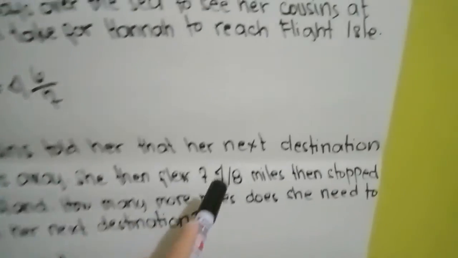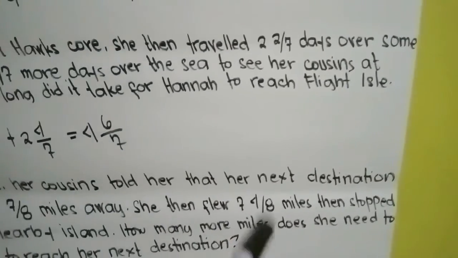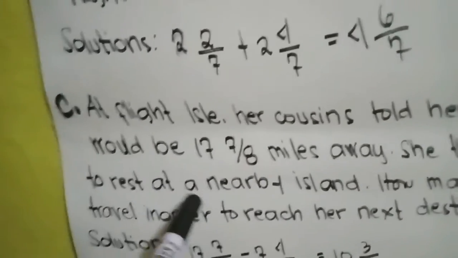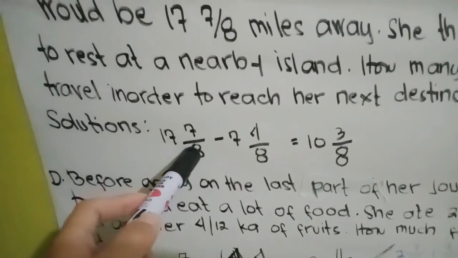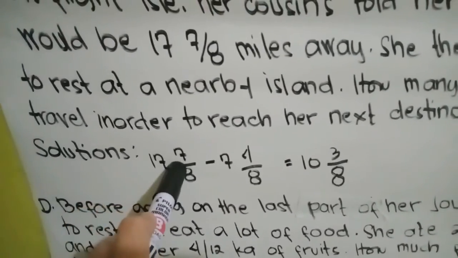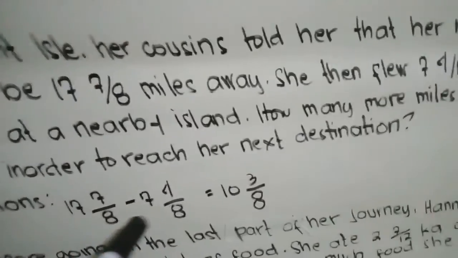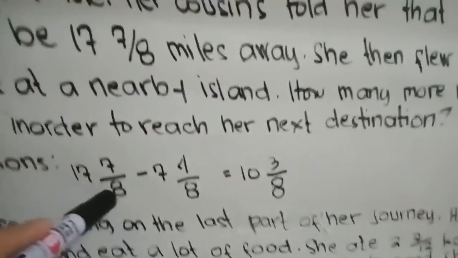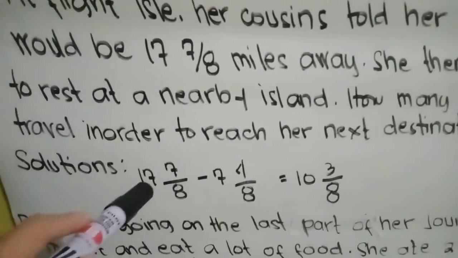Then ang 7 and 4 over 8 miles away is i-minus natin sa 17 and 7 over 8. So yan. So katulad kanina, the same din naman sila ng fraction, so minus agad.